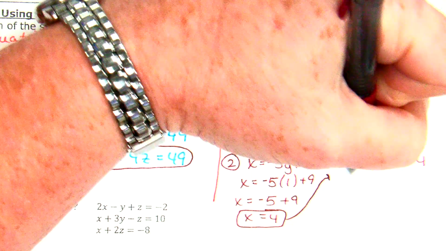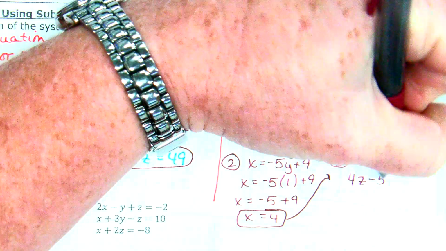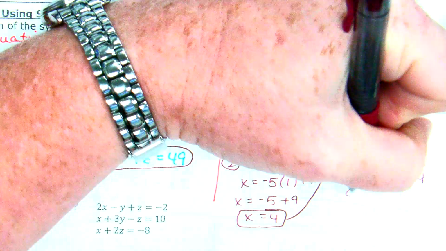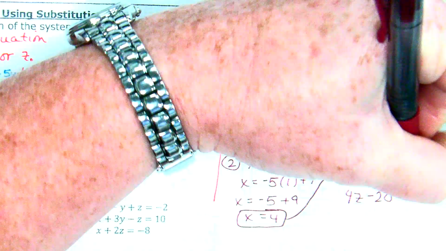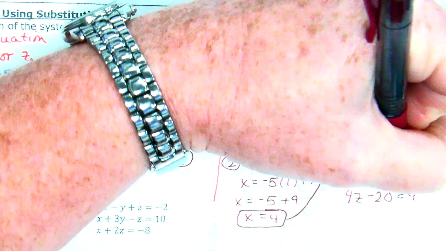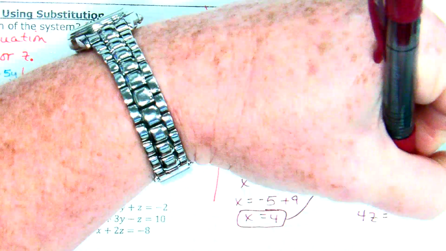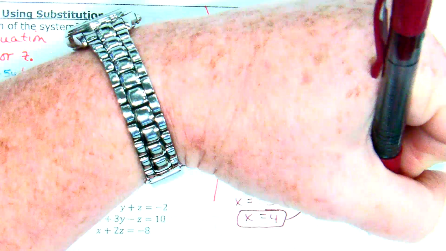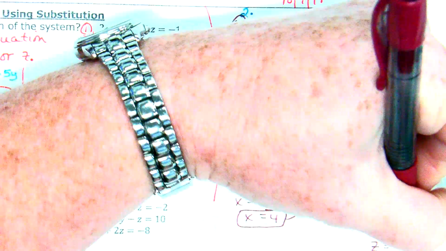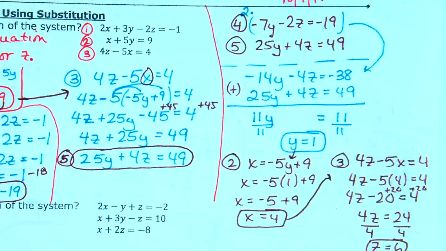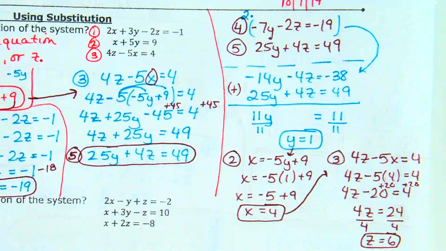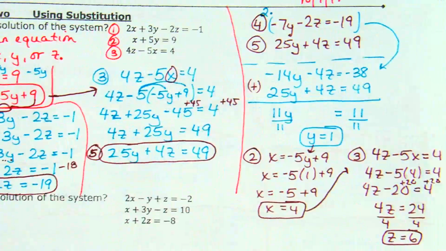So 4z minus 5 times 4 equals 4. 4z minus 20 equals 4. Add the 20 over. 4z equals 24. Divide by 4, and z is 6. Did yours match mine? I mean, it definitely did if you followed me, but if you took a different direction, did it match me?